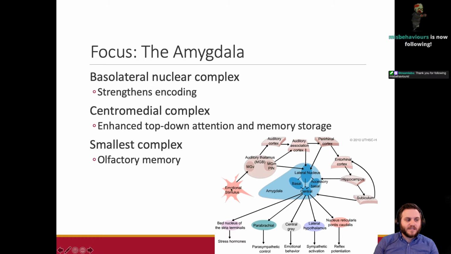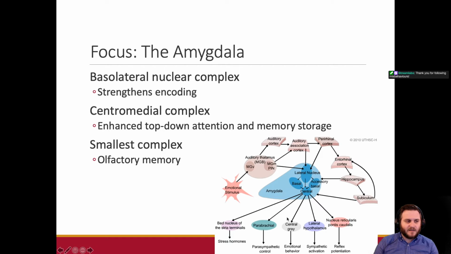And you can see that the emotional stimulus here goes into the thalamus and then all the way through. And you can see then the arrows, auditory cortex, goes into the lateral, which is sometimes referred to as the basolateral. So this particular breakdown I got from the internet.